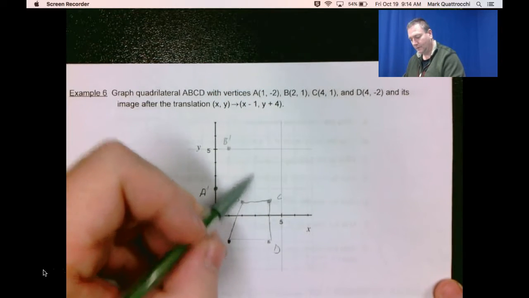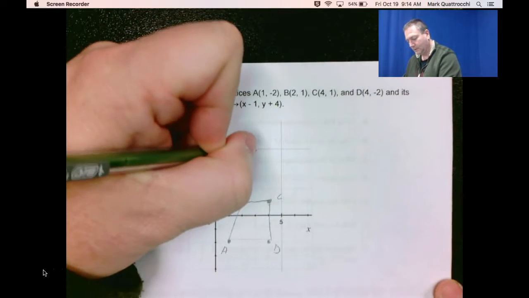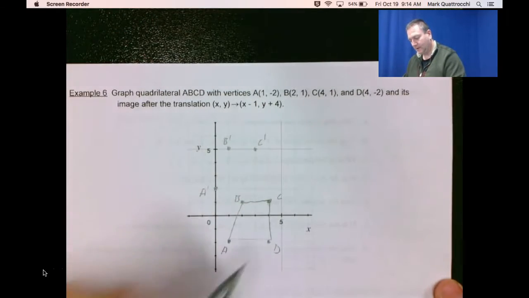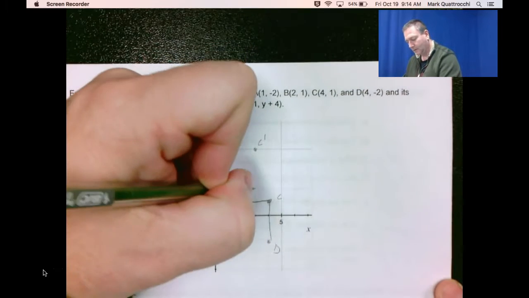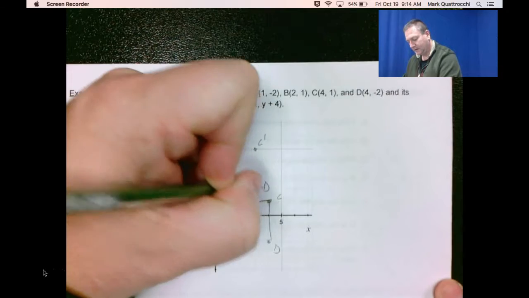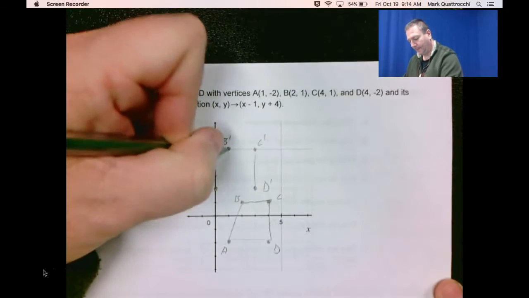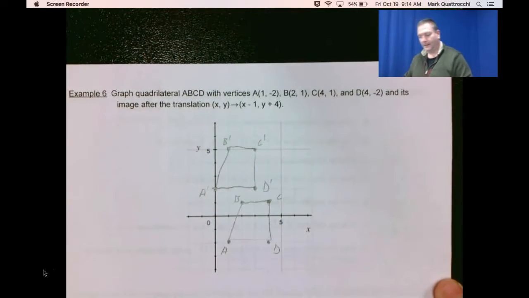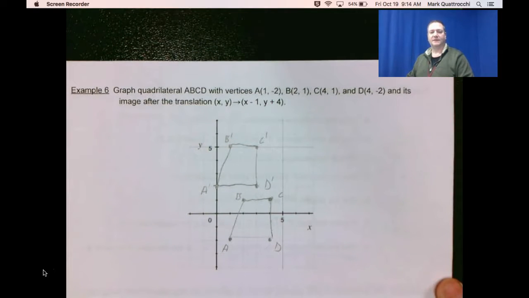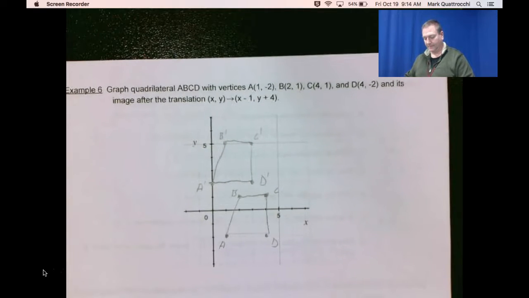Left 1, up 1, 2, 3, 4. C prime, and left 1, up 1, 2, 3, 4. There's D prime. And there's the image of ABCD, A prime, B prime, C prime, D prime.